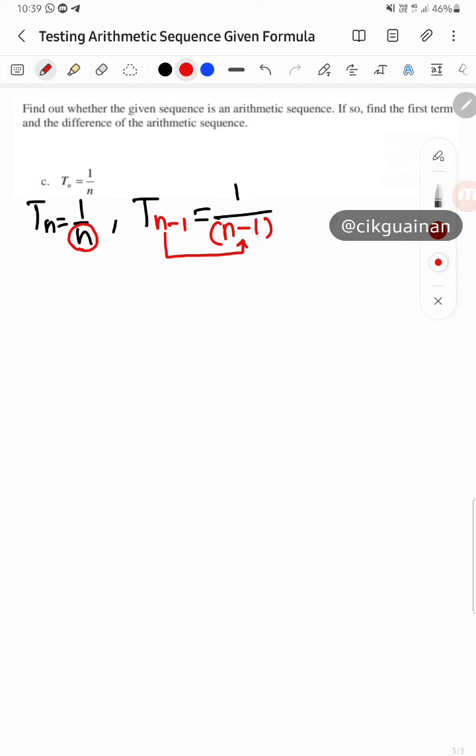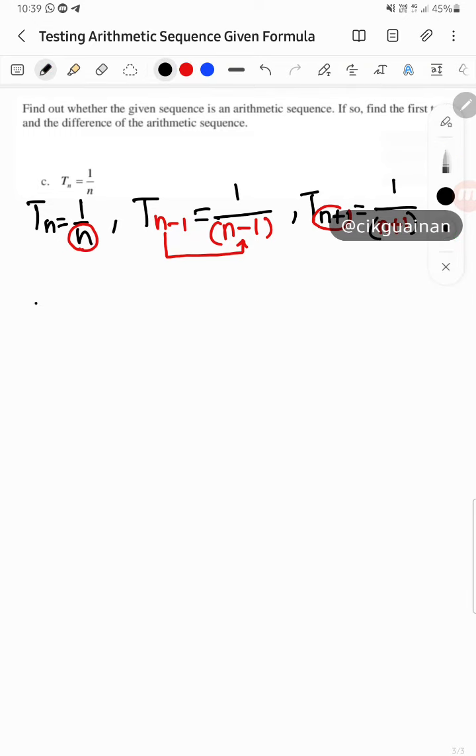If you do Tn plus 1, it's just the same thing. I'll just demo it here: 1 over empty bracket, and then we fill it up with n plus 1. They share the same technique.